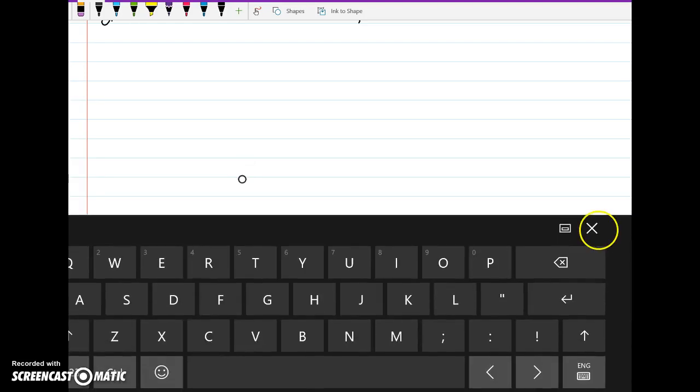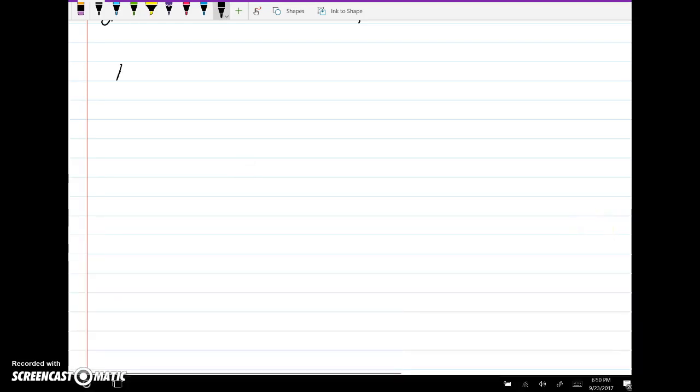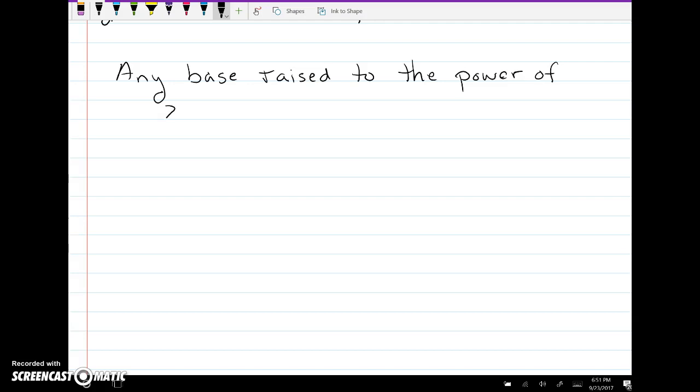Now, we can say that anything to the power of 0 is 1. So, any base raised to the power of 0 equals 1.